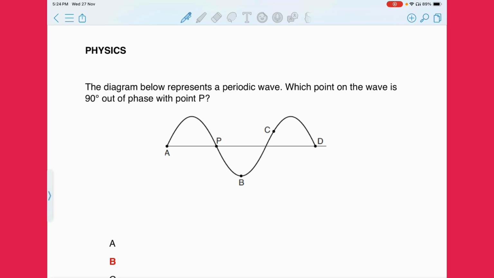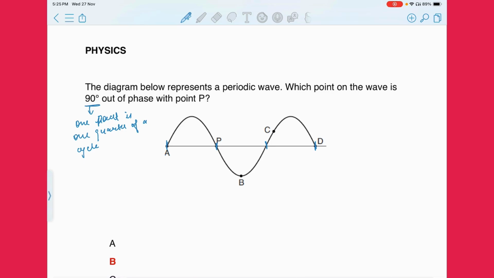So we know a 90-degree phase difference means that one point is 1/4 of a cycle, either ahead or behind the other point. So let's check. P is here. Let's consider that a full wave will be from here to here.